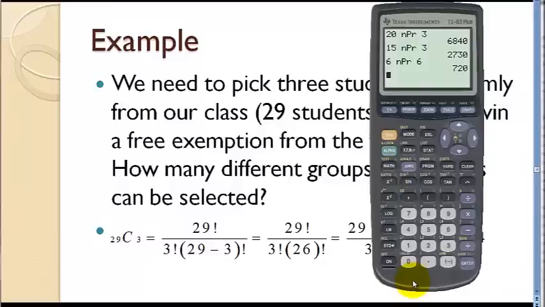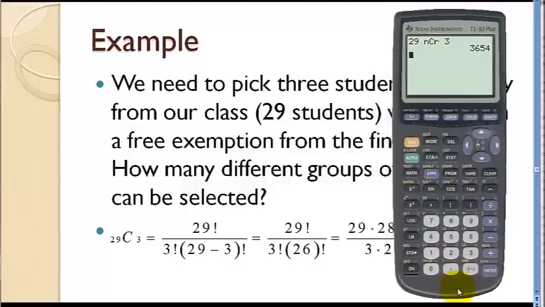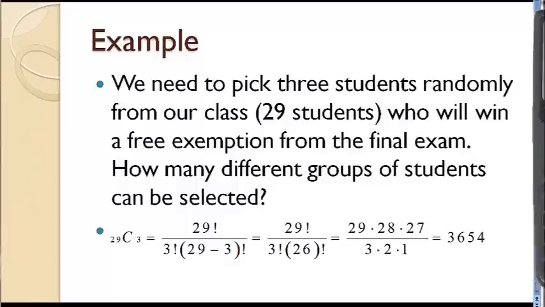And again, using the calculator here, we would do 29, math, probability. This time we're going to use combinations, number 3. And there are 3 people that we're selecting, or 3 in the group. So we have 3,654 different groupings that we could choose.